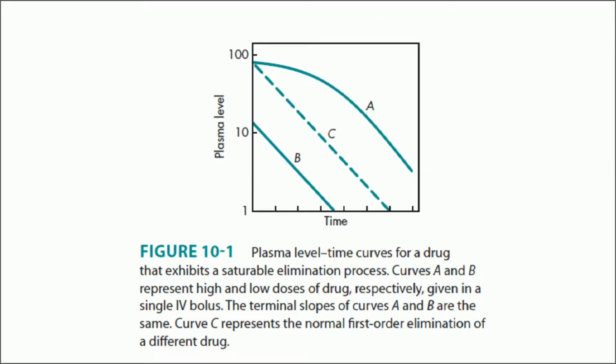Now this particular graphic will help you understand the plasma level time curve for a drug that exhibits a saturable elimination process. Curves A and B represent high and low doses of the drug respectively, given in a single IV bolus. The terminal slopes of curves A and B are the same. Curve C represents the normal first order elimination of a different drug.